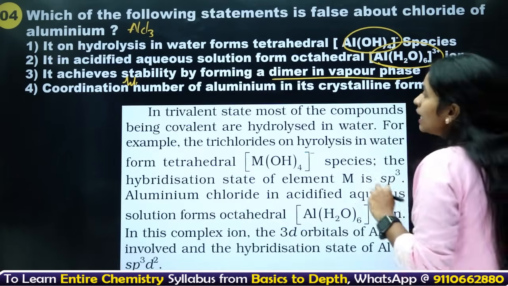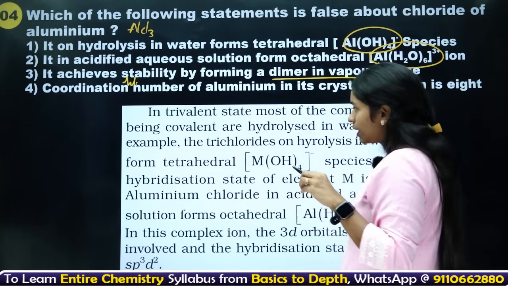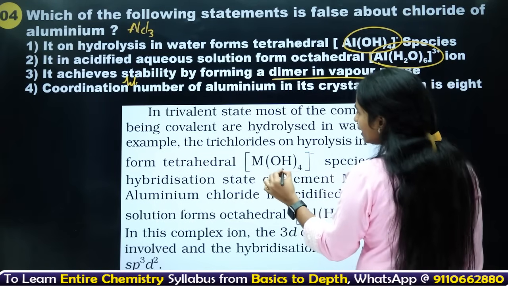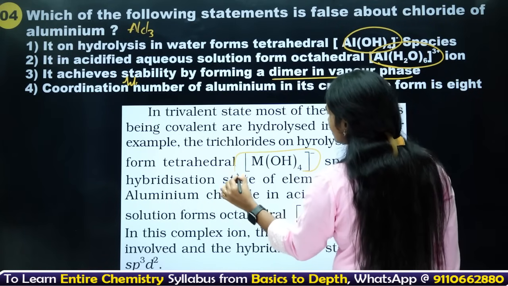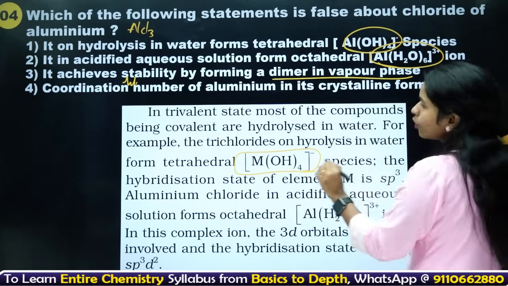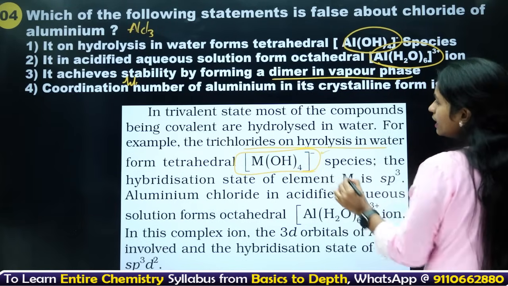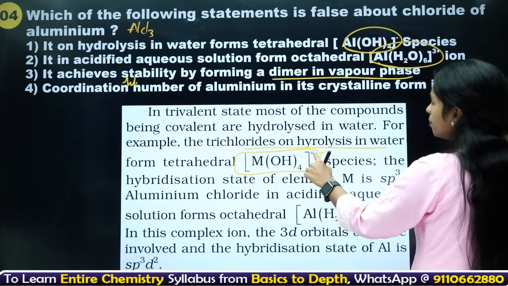See here. Boron family elements usually form tetrahedral species like this. These chlorides upon hydrolysis in water, what do we get? Like this we get M(OH)4 minus.